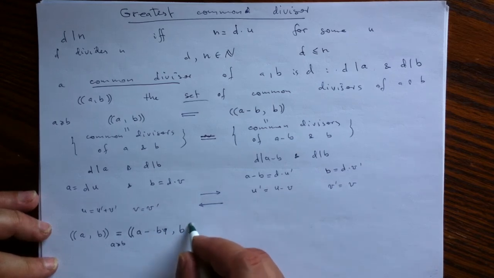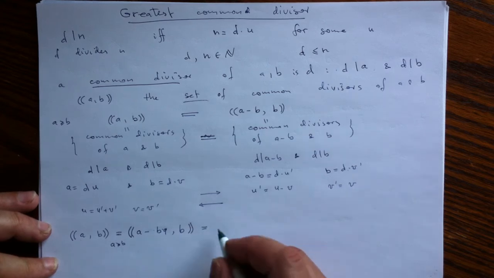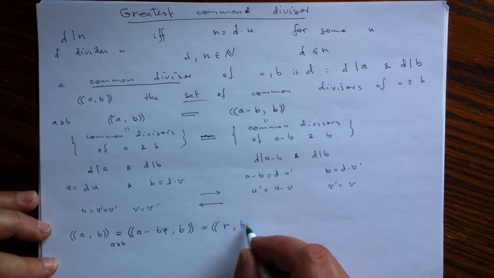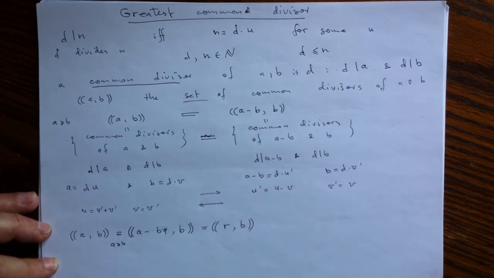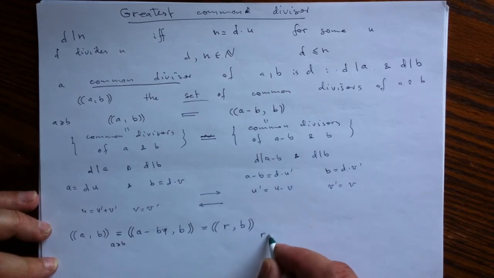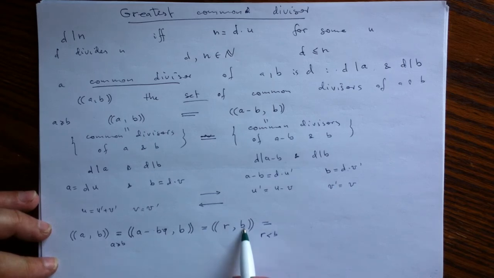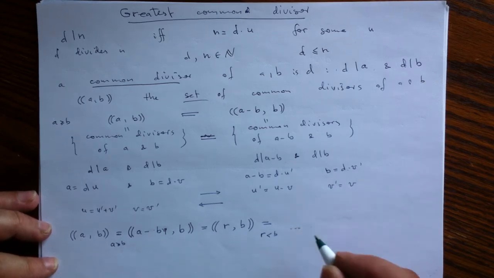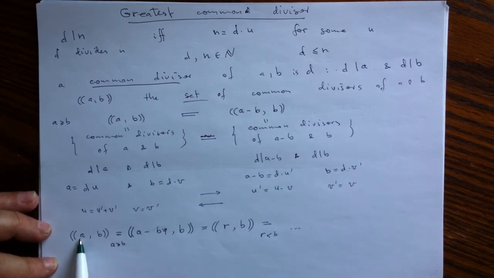So that is nothing but Euclid's division. I'm replacing A by its remainder R with the division by B, and now when I do that, R is less than B, and so I can run it again with B in place of A, taking copies of R out of B and reducing it below R. So each time I do that, I will replace a larger number by something which is smaller than the other number.